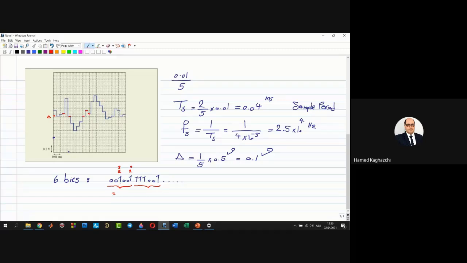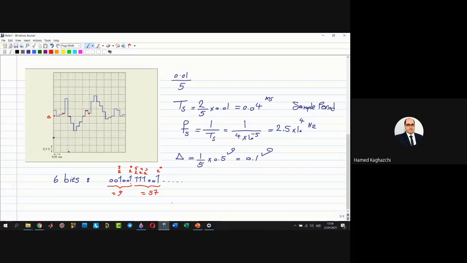I only need this one and this one. It means 2 to the power of 3, 8, plus 2 to the power of 0, 1. 8 plus 1 is equal to 9. What about this one? If you calculate this one, you can find that it is equal to 57.